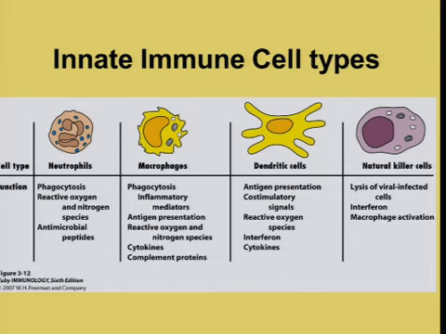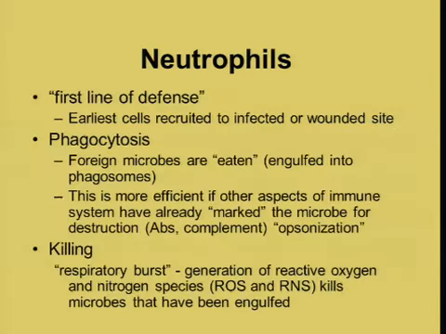And then you have natural killer cells, which are usually involved in the detection of virally infected cells or certain tumor determinants, and we'll cover those. So neutrophils are usually the first line of defense against a particular insult. When you have a pimple on your nose, the white stuff in it contains a lot of neutrophils.